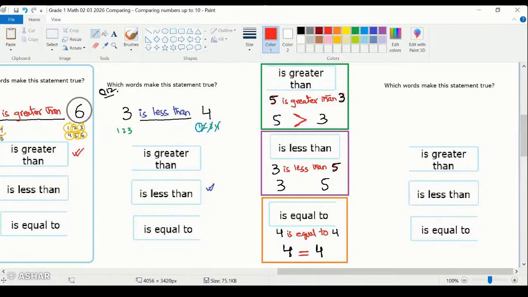So the open mouth should be towards 5. You see the difference? In option 1, 5 is greater than 3. This is facing 5. Okay? And 3 is less than, that means the face is not towards 3, it's still towards the bigger value, that is 5. And in the last option, it says equals, that means both sides are equal. Agreed?